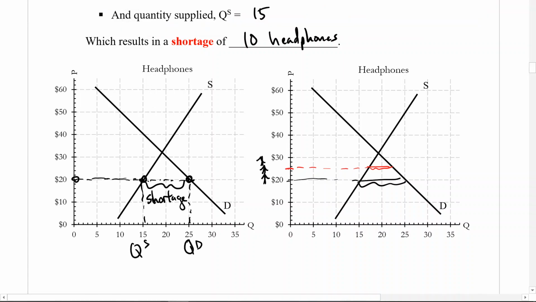And if there's still a shortage, they still increase the price up to the equilibrium where quantity demanded is equal again to quantity supplied. So for shortages, sellers increase the prices; for surpluses, sellers decrease the prices until we get to the equilibrium.